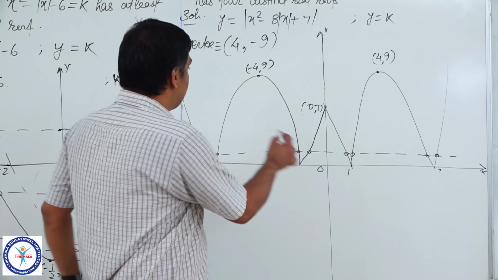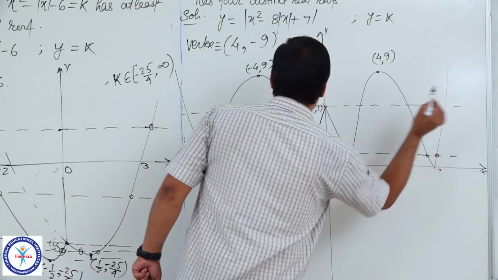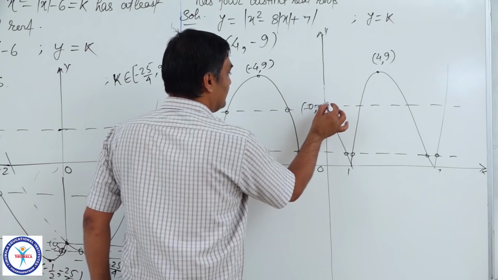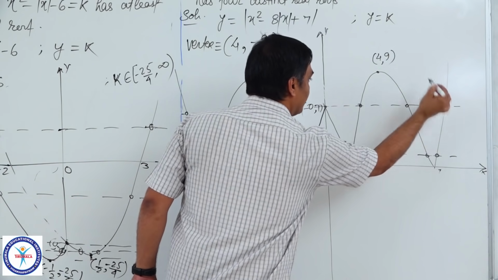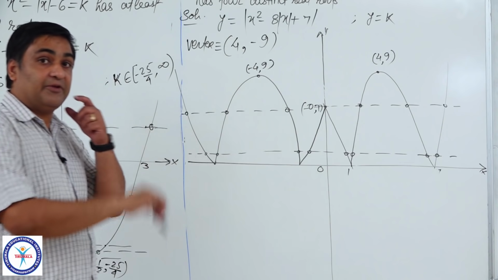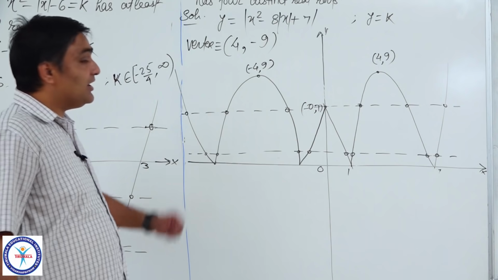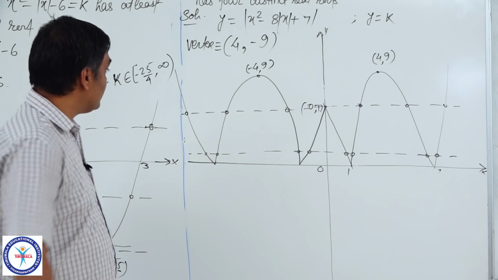What if k is 7? 1, 2, 3, 4, 5, 6, 7. There will be 7 roots. And we are talking about 4 distinct real roots.